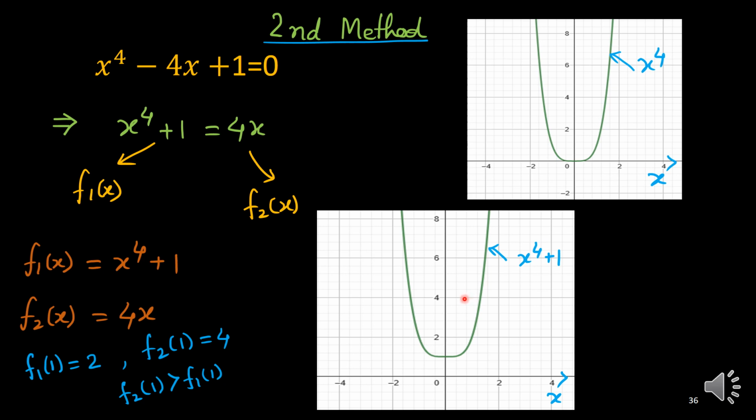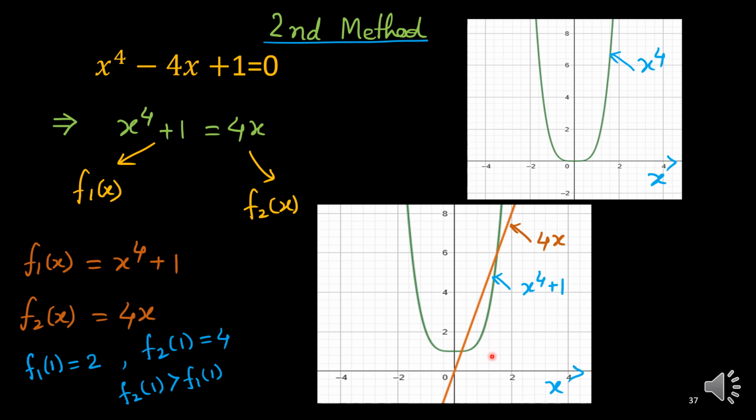So obviously it is inside this one, right? So I can expect that this 4x plot will cross this curve, and obviously it is going to cut this curve at 2 points, 2 distinct points.